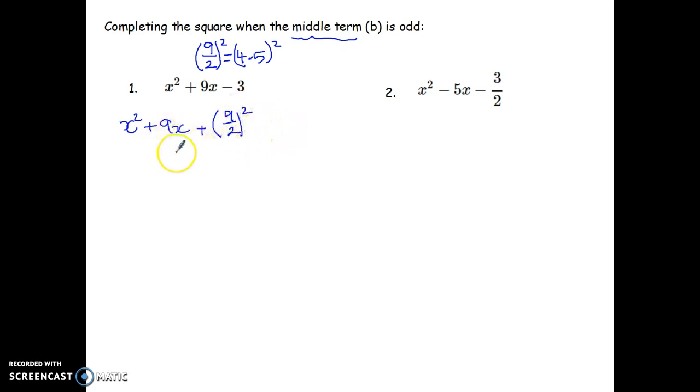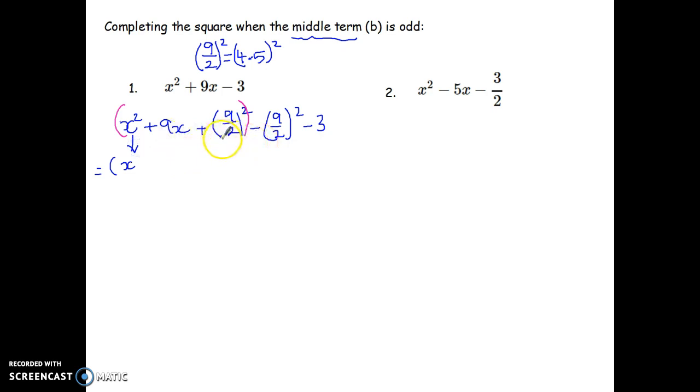So I've halved my coefficient of the middle term and squared it, added it on. Now I take it away and tack my minus 3 onto the end. This now becomes my perfect square, there to there. So I have the square root of x squared goes here.